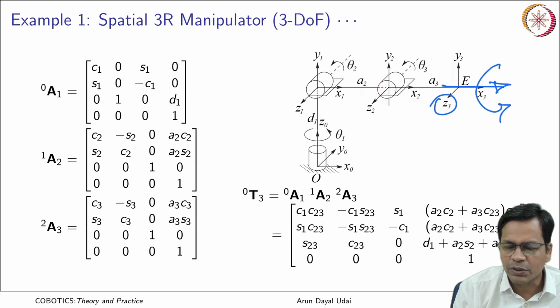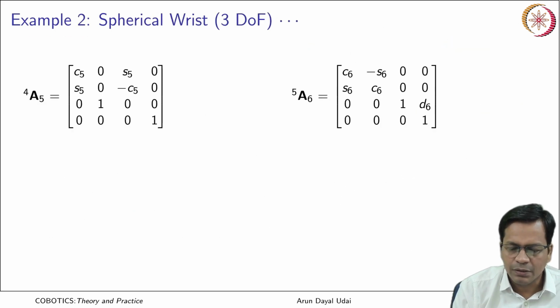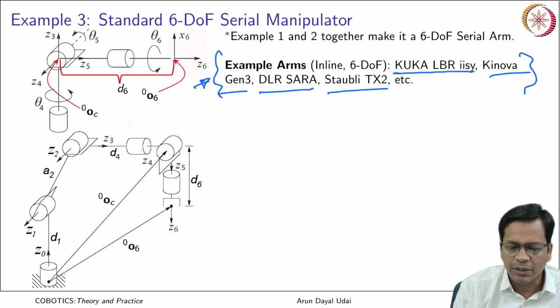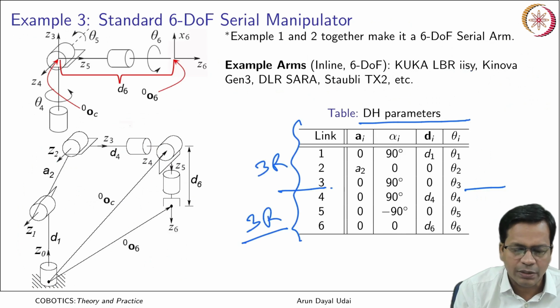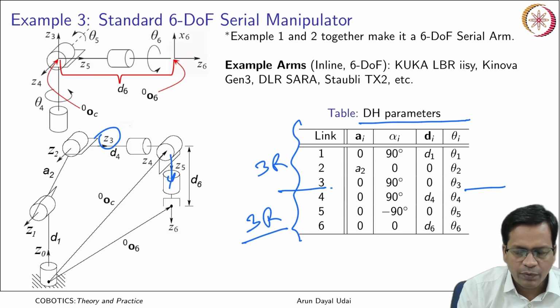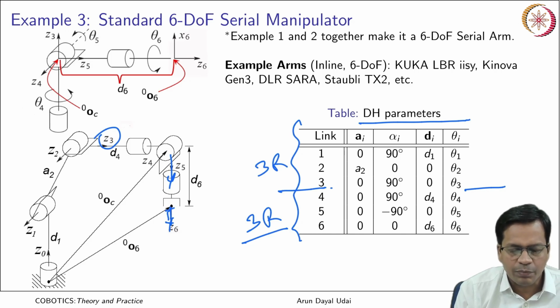So now I have to put Z3 like this. Okay. So that makes it a little bit of modification in the DH table, otherwise it is all the same. So you see Z3 is now like this. So Z3 and Z4 is here and Z5 is here. Okay. Finally Z6 is the last frame. Okay. So that makes it complete.